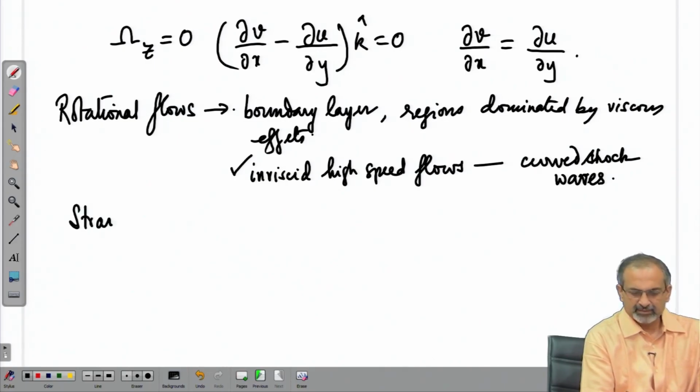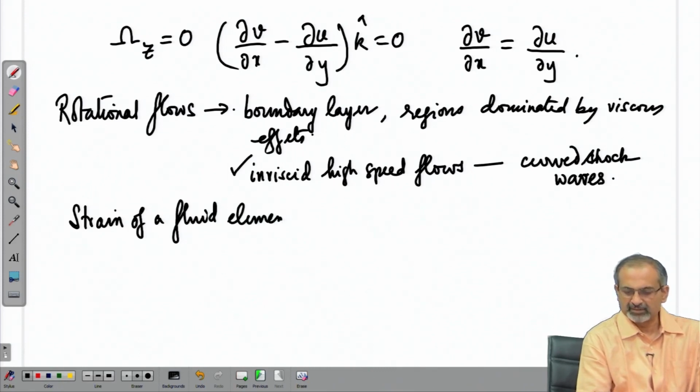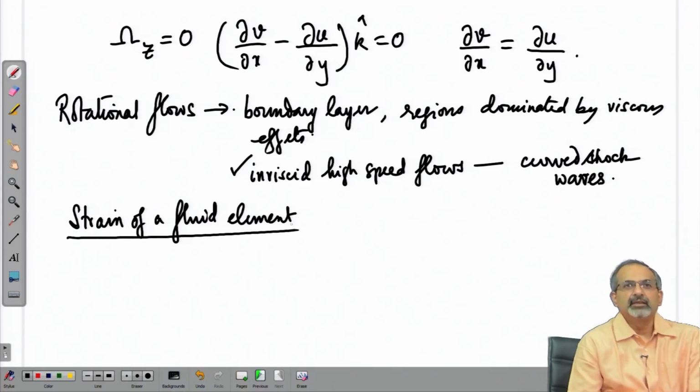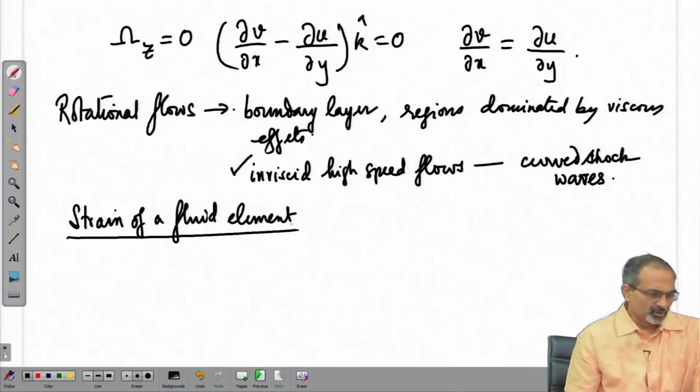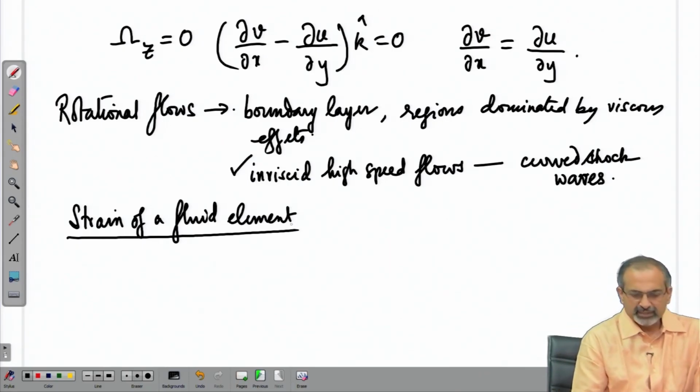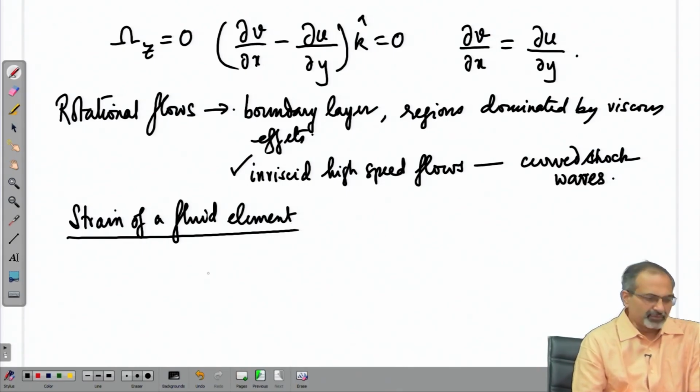Let us next move on to strain of a fluid element. We have been discussing spatial derivatives of velocity components. There is something more that is waiting for us to be defined in terms of those velocity gradients, that is called the strain of a fluid element.